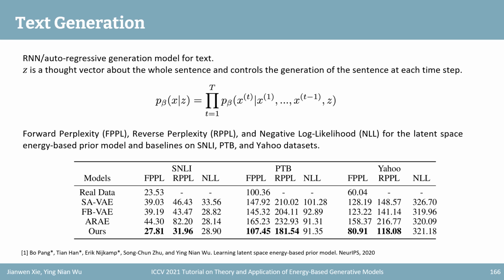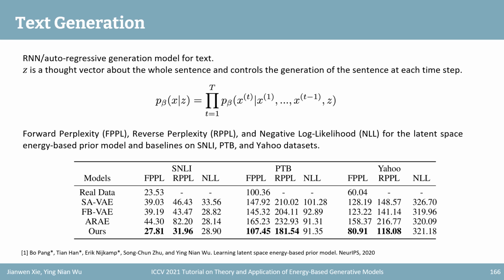In order to model text, the generator model can be a conditional autoregressive model, which is parameterized by a recurrent network. And Z is a thought vector about the whole sentence and follows an energy-based prior model.